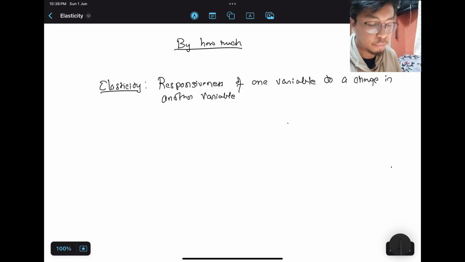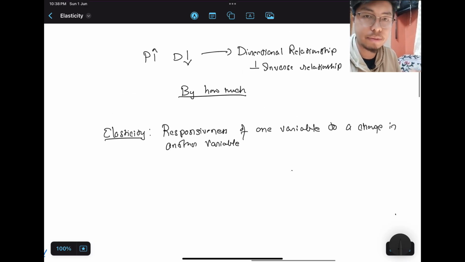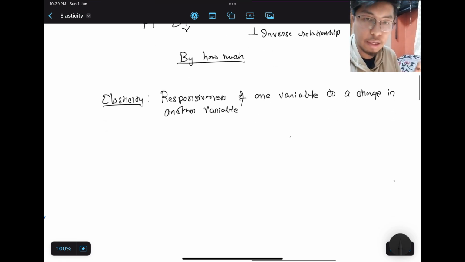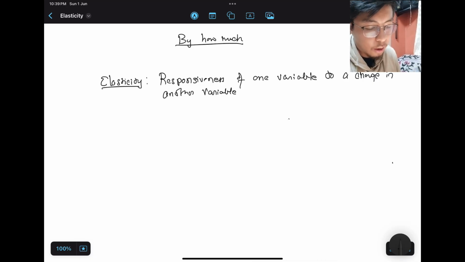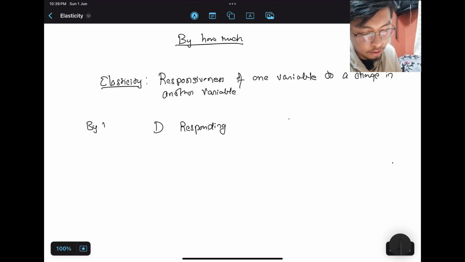Now, let's just take price elasticity of demand. When you're talking about price elasticity of demand, what we are looking at is how my demand is responding, by how much.